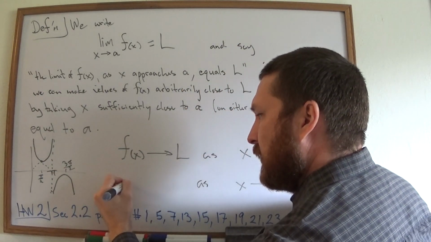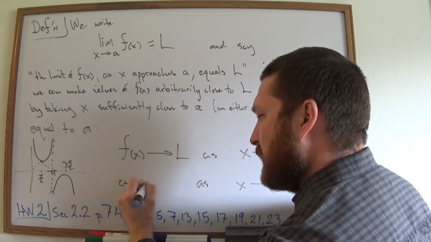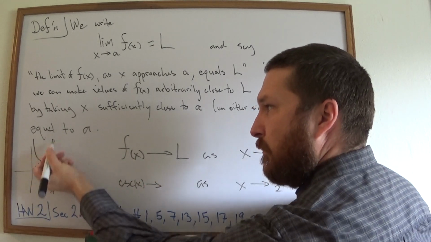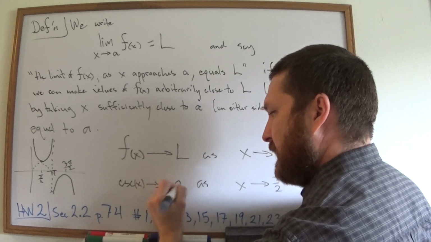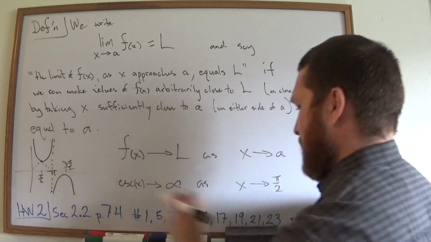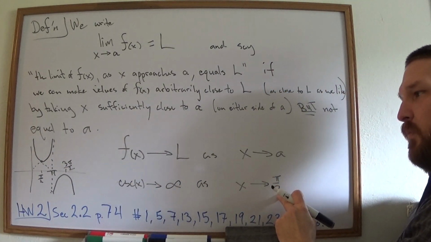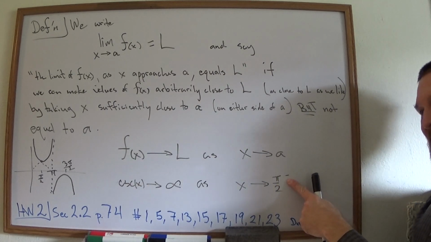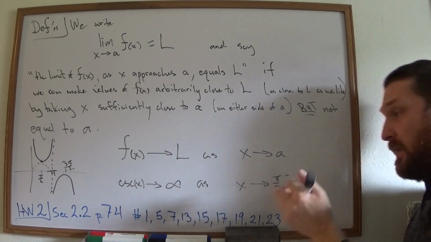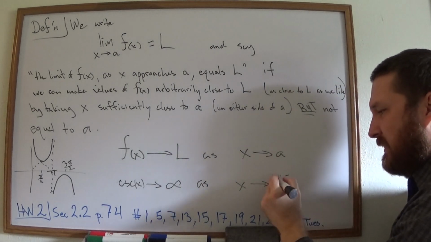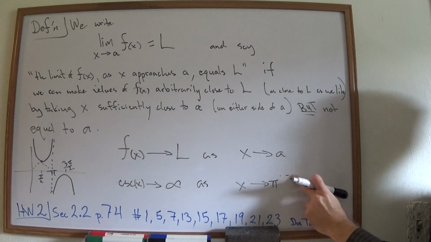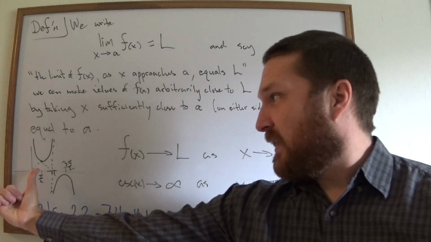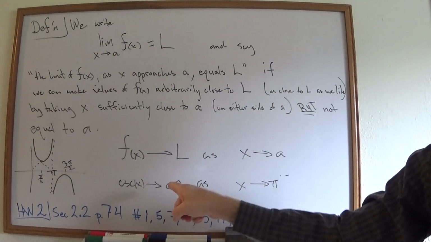So cosecant x goes to positive infinity as x goes to pi from the left, meaning as you go from this way, you're getting bigger and bigger and bigger without bound.